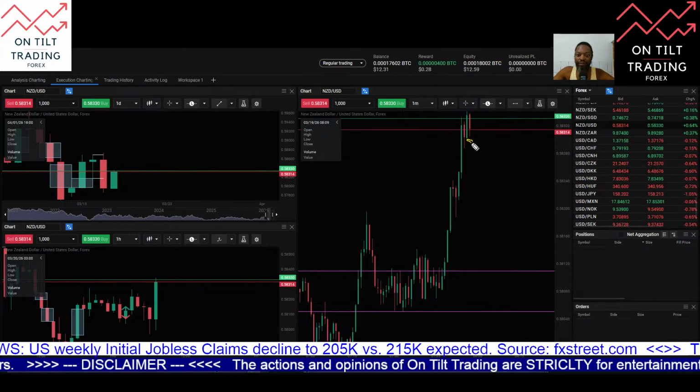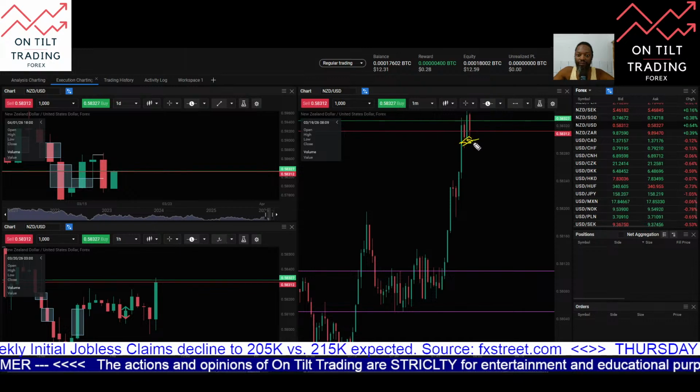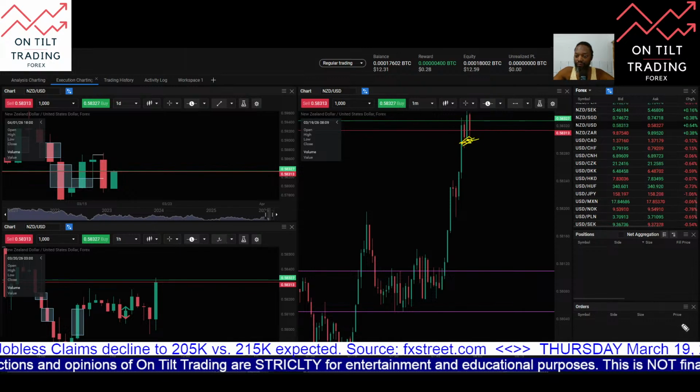Price approaching this liquidity here for a sweep.